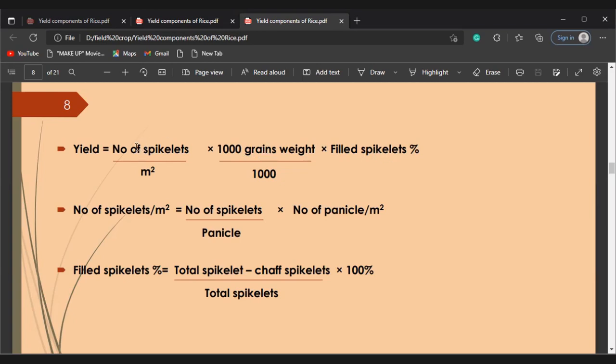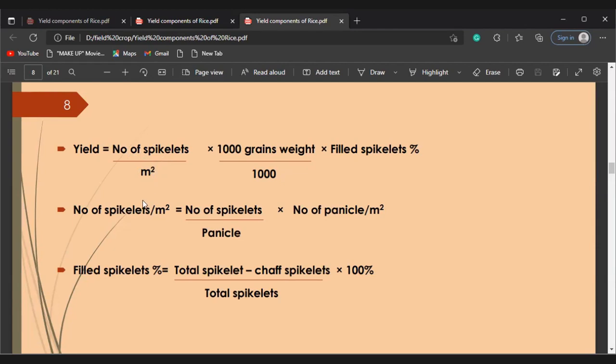So there are three components: first component, second component, third component, for calculating yield. The first component is the number of spikelets per meter squared.